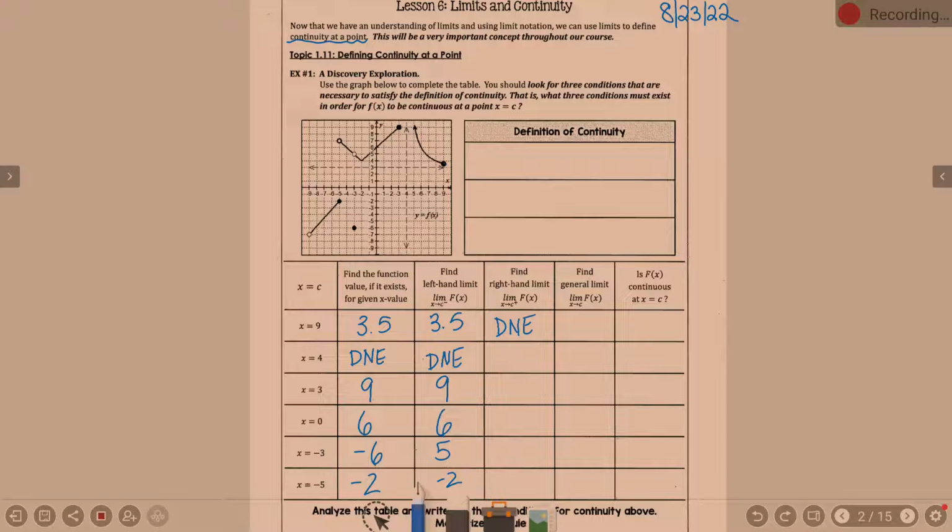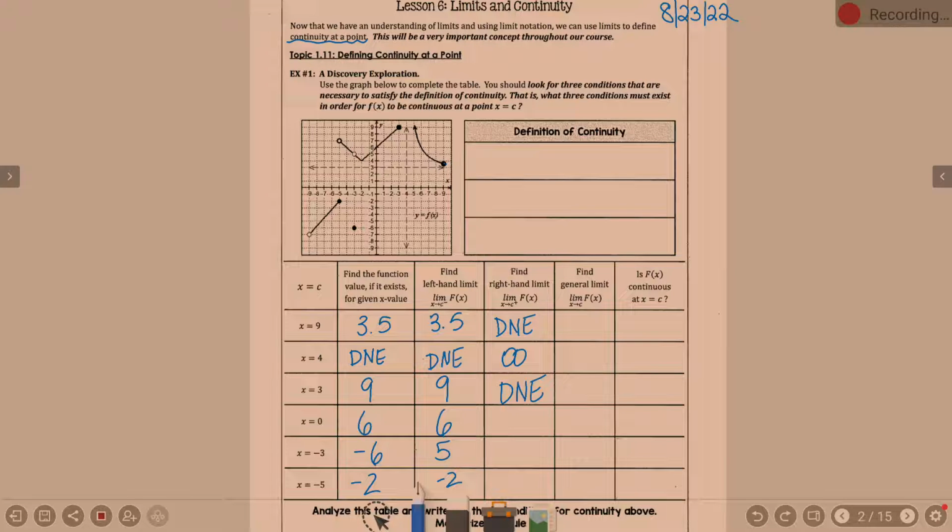As x approaches 4 from the right, there is an arrow this time, so we're going up to infinity. As x approaches 3 from the right, DNE, because we know it approaches 4, but it doesn't go past 4, so there's just kind of a gap there.